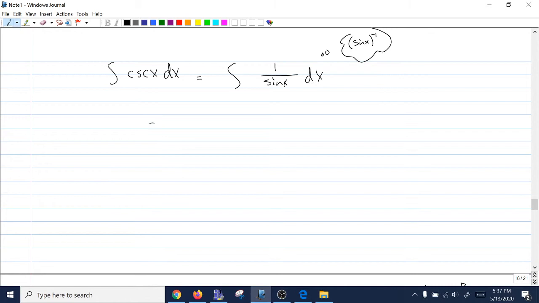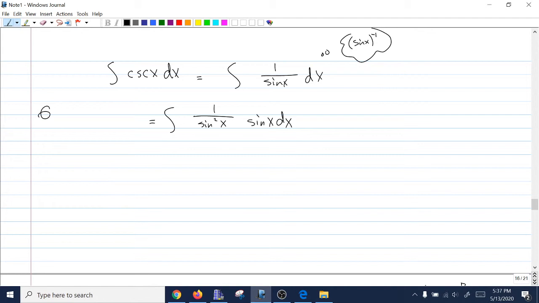That was the idea of the trick when there's an odd power. So I'll pull off a sine x to stick with the dx. What do I get after I add a sine x here? I gotta divide by sine x, so I get sine squared x. This is the integral of 1 over sine squared x, sine x dx.